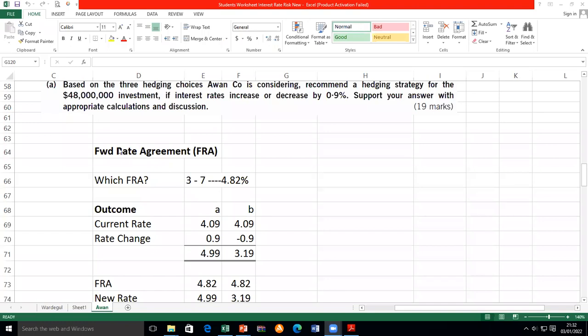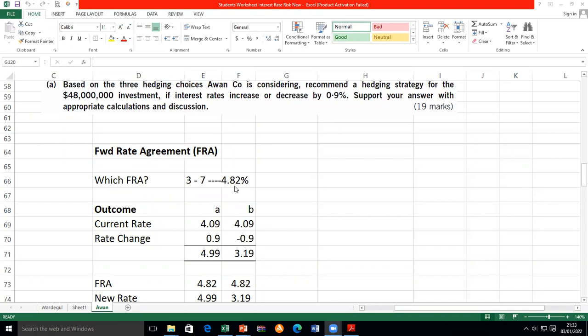This is the FRA, so our title is forward rate agreement, 3-7, and we have fixed the benchmark rate at 4.82. So let us now go. The current interest rate is 4.09.